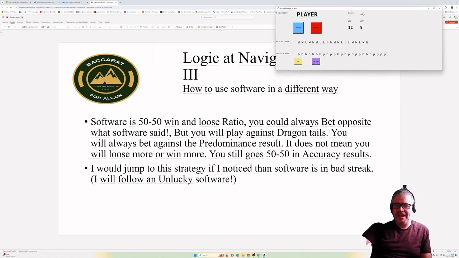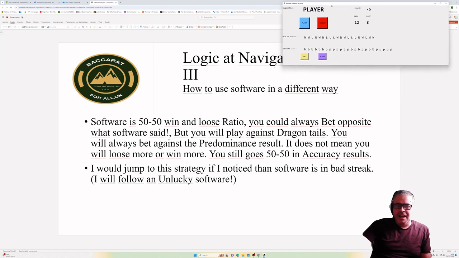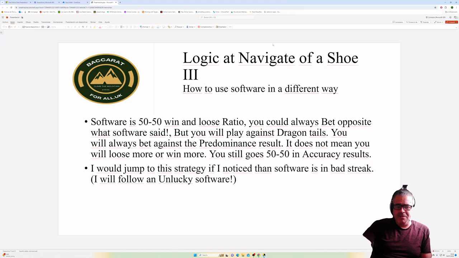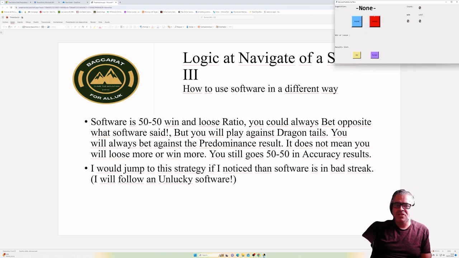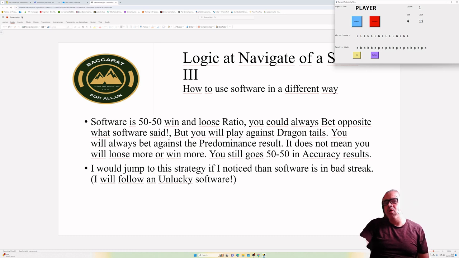I tried to explain a little bit, but I will go further with this. Basically, when you have this software, you know at the very end that the software goes 50-50. What that means is that you have these two results, won and lost.